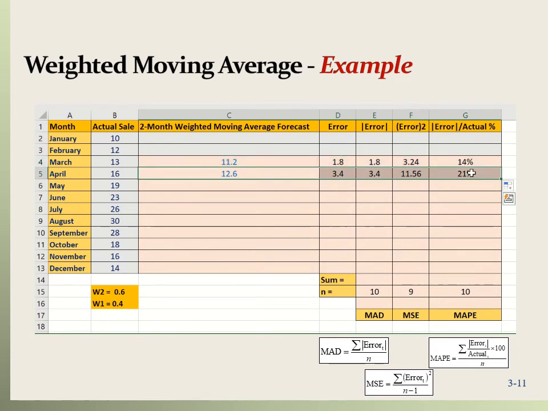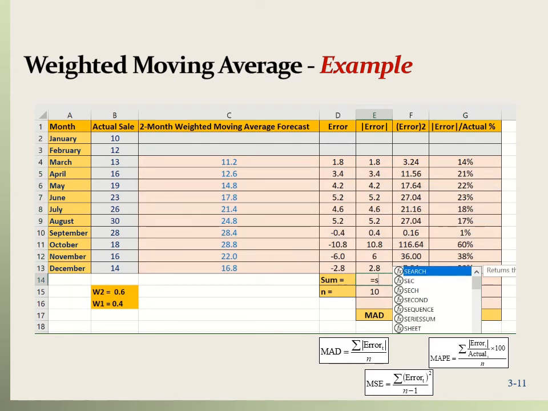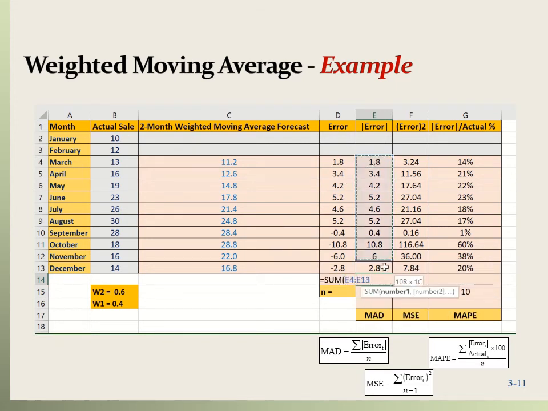I'm going to copy all of these values to compute the forecast for all of the months, April through December. Now it's time to compute the summation of these. That's going to be the summation of the absolute error here, the summation for the squared error, and the summation for the percentage error.